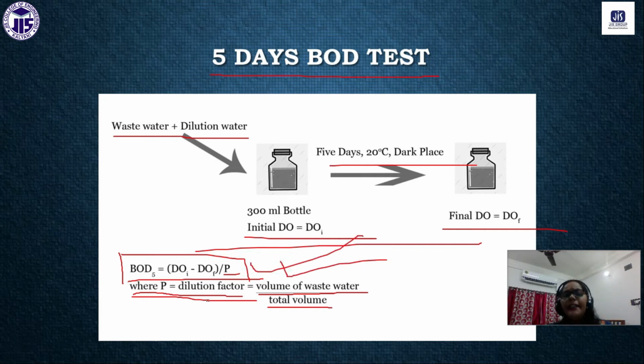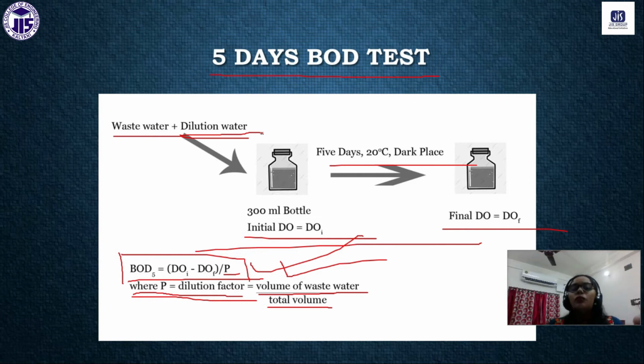Now tell me, is this the BOD of the actual sample? No, not at all. Because here we didn't consider the BOD of the water which is used for the dilution purpose. Understand? So we have neglected this parameter.